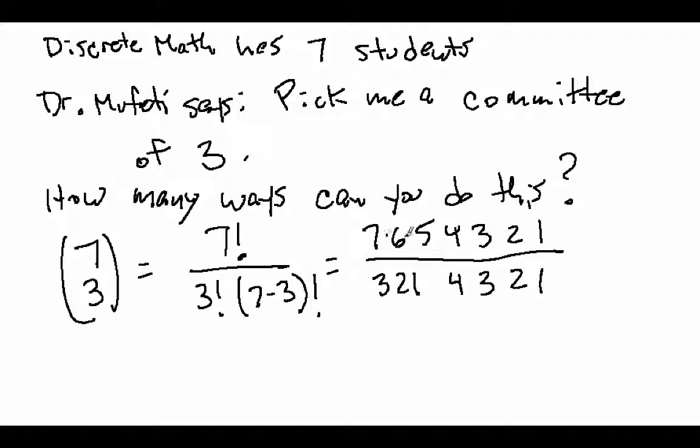And again, remember, I'm multiplying all of these. But things kind of clean up here. That cancels out, that cancels out, that cancels out, that cancels out. And 3 times 2 times 1 is 6, so this cancels out with that. So we can see there are 35 different ways that you can pick a committee of 3 from 7.